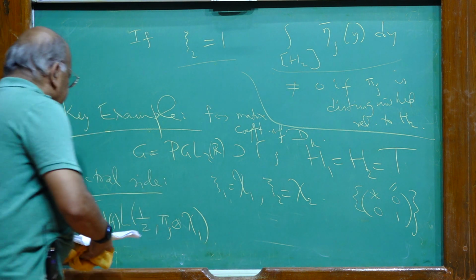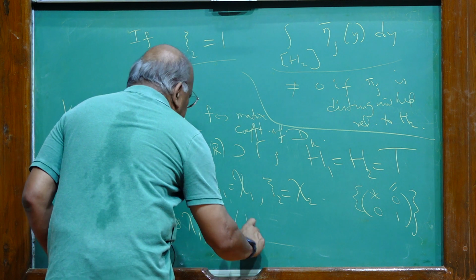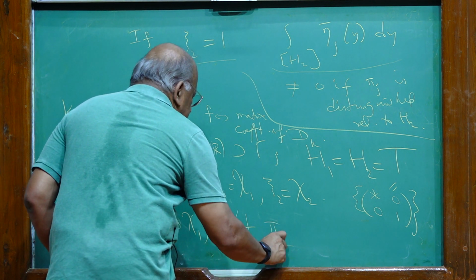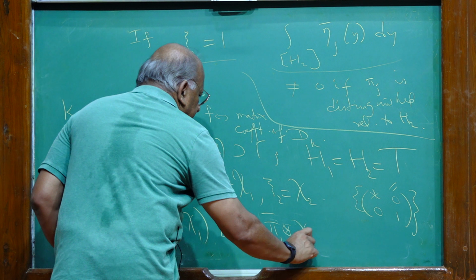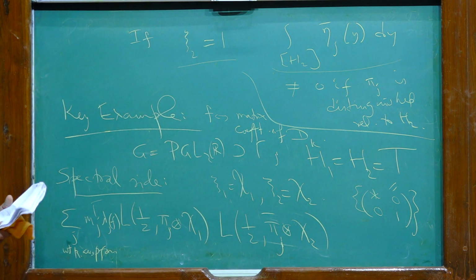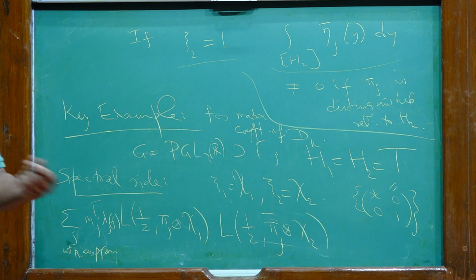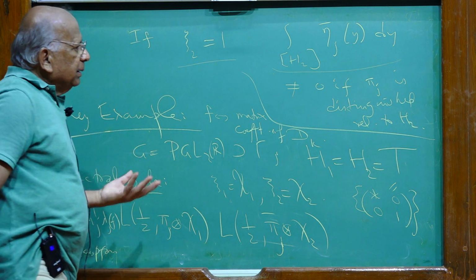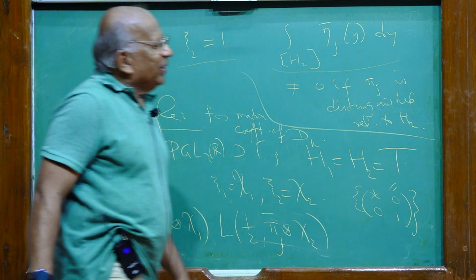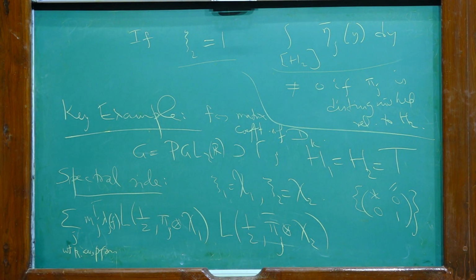Then you get L1 half, and then you also get L1 half of pi j bar chi 2. So you see the L values show up in the relative trace formula immediately, and that's why I'm interested in the relative trace formula. I'm not saying I'm not interested in the regular trace formula, but when I see L values, I think I can maybe exploit it.